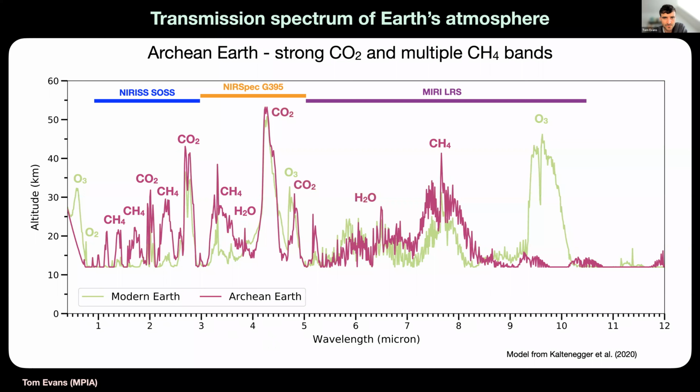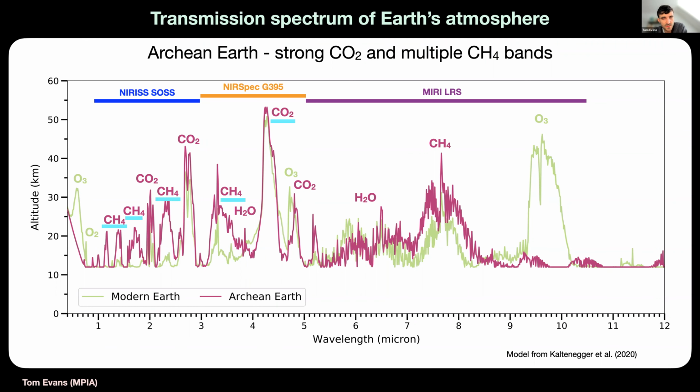And here's what we think the Earth's transmission spectrum might have looked like during the Archean eon. So the oxygen is missing, but carbon dioxide remains strong. And the high methane abundances result in multiple absorption bands that are within the NIRISS and NIRSpec ranges.